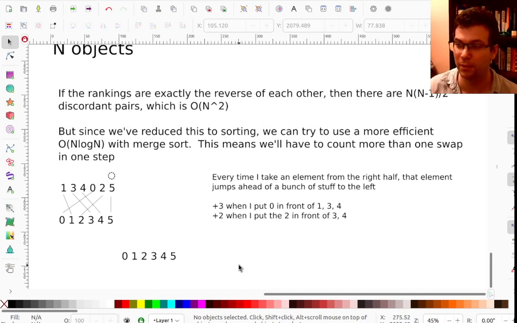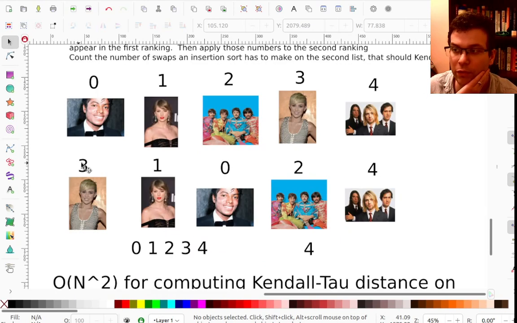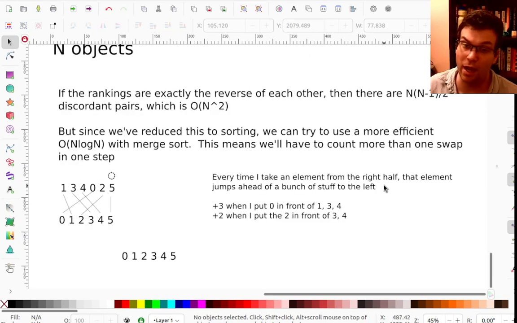Okay. So for the efficient algorithm to compute Kendall tau, the full reduction is to come up with these numbers, right? Number the first list as if it were in order, then use those numbers to create numbers for the second list, and then apply merge sort, and I will count the number of inversions, or the number of swaps that insertion sort would make on an equivalent sort.